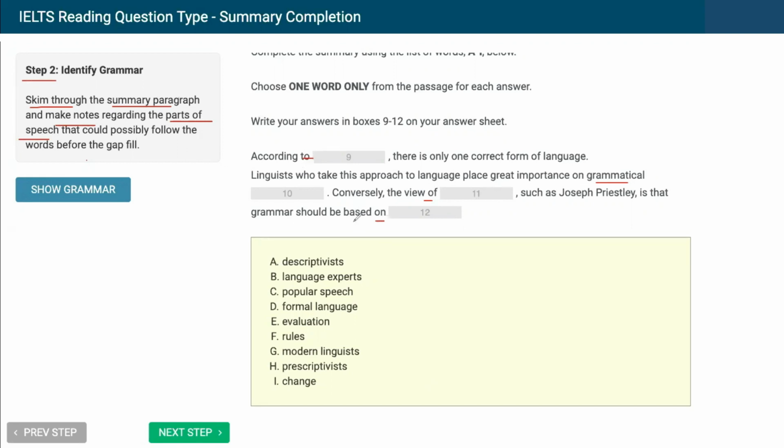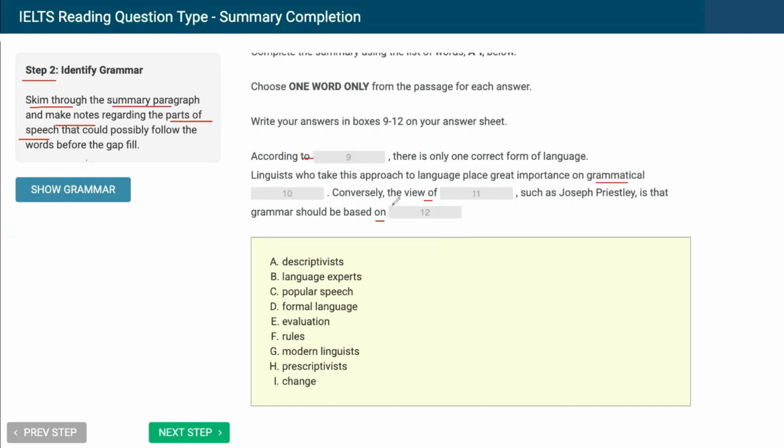And so first, if I think of the types of words, I find myself thinking mostly of nouns, because according to someone or something, grammatical is an adjective that would describe a noun, the view of someone or something, similar to number 9, and based on someone or something, which is a noun.